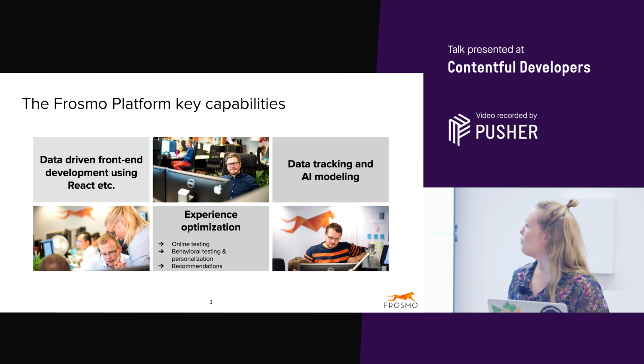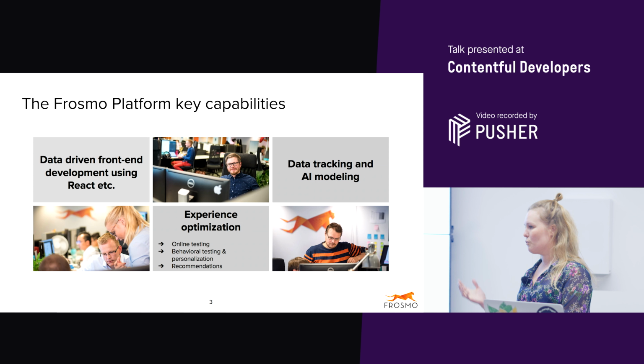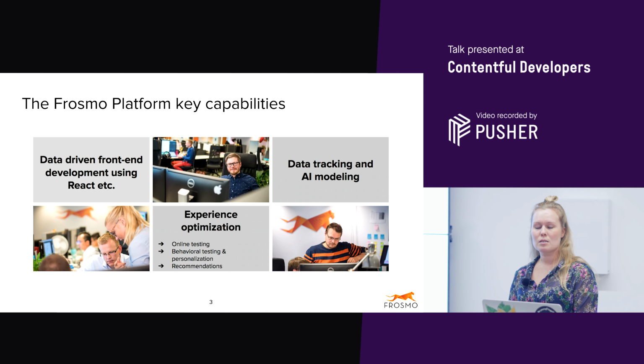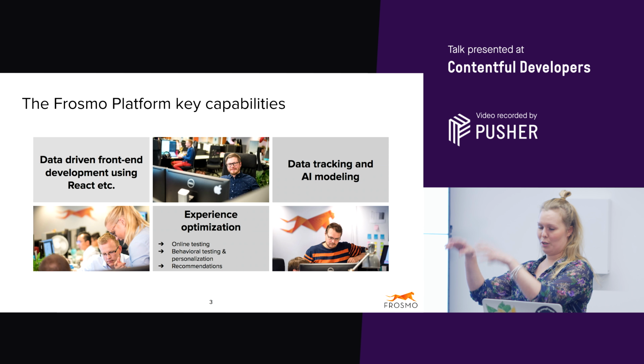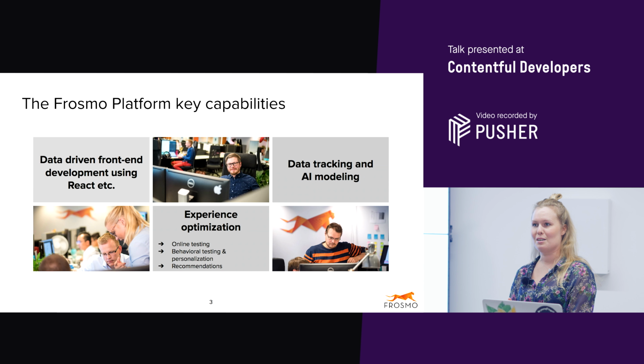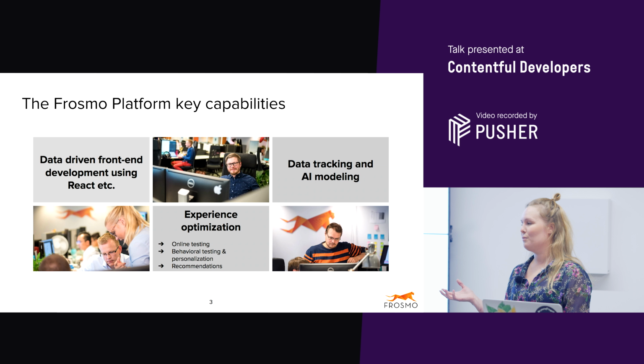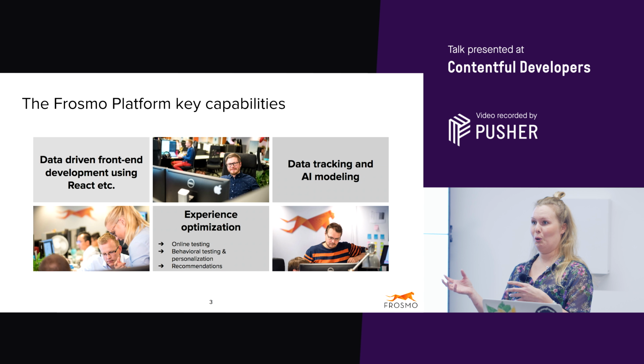I want to say a few words about Frosmo and what the platform does. We work in three areas. The first is data-driven development in the front end using frameworks like React. Then data tracking and AI modeling: feeding in data from, for example, your CRM or other data sources, combining that with behavioral data tracked from the website, then putting it through an AI model to enrich the data and return, for example, whether the visitor is about to churn or not.